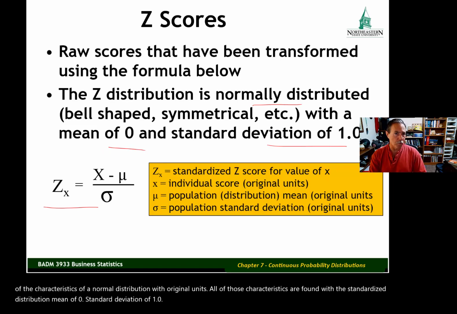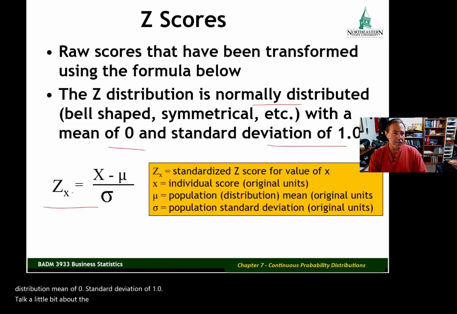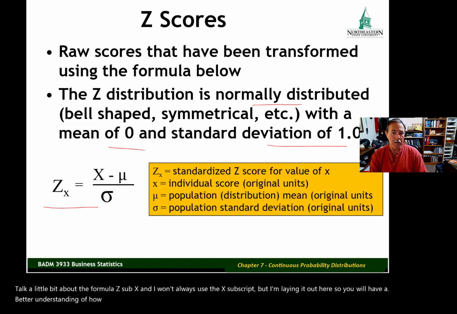Let's talk a little bit about the formula. Z sub x, and I won't always use the x subscript, but I'm laying it out here so you will have a better understanding of how it relates to the original units. Z sub x is the standard score value for a value of x that's measured in its original units.